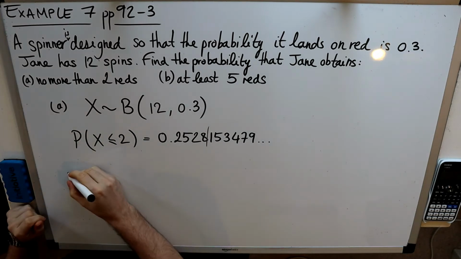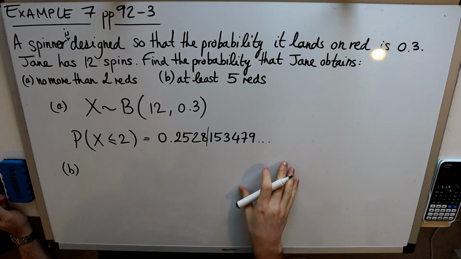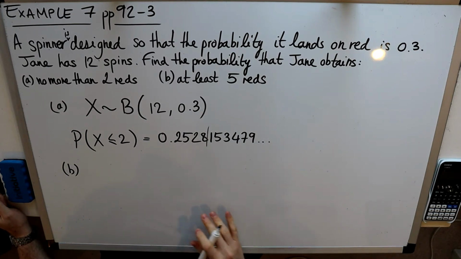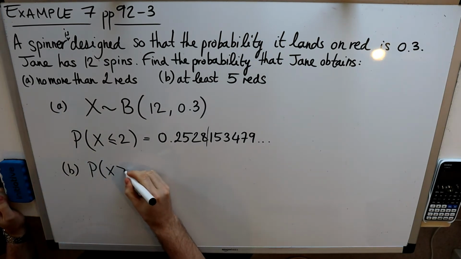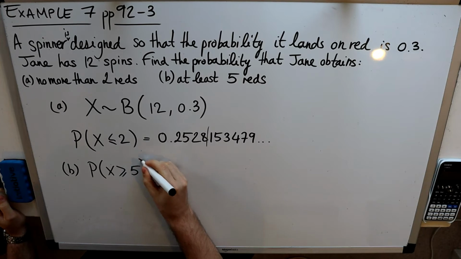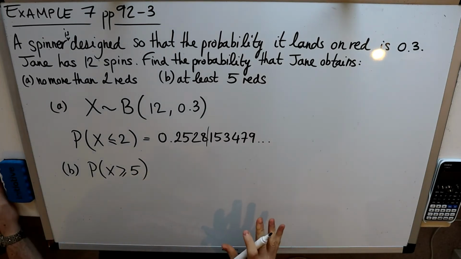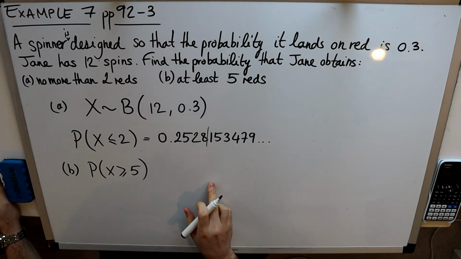And then part B here says at least 5 red. What that means is 5, 6, 7, 8, 9, 10, 11, 12, all of those possibilities. So I'm looking at probability of x is greater than or equal to 5. Now, because of my cumulative tables and the calculator, we have to somehow change this to the opposite sign.